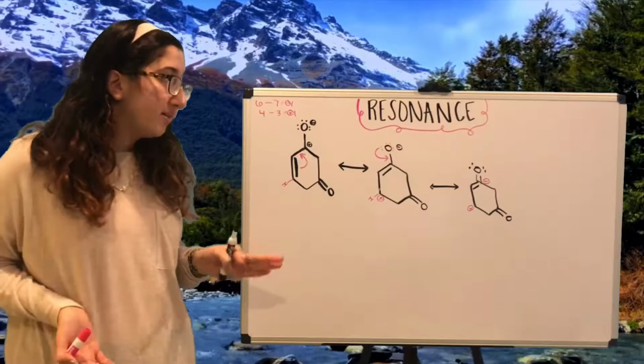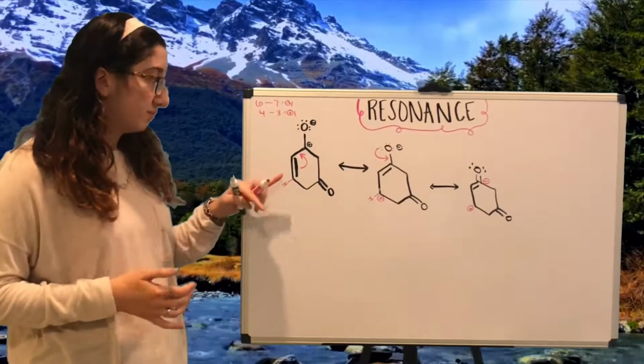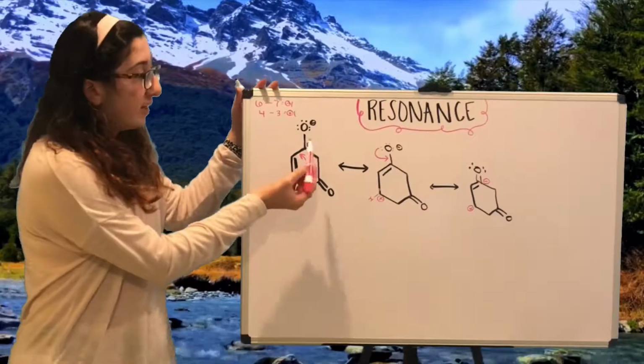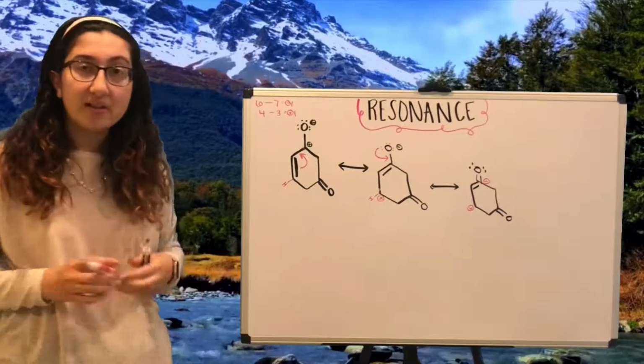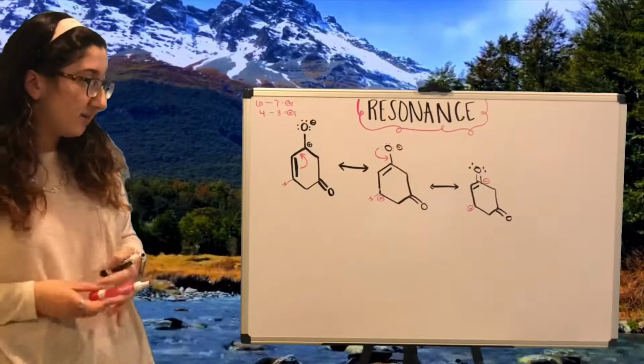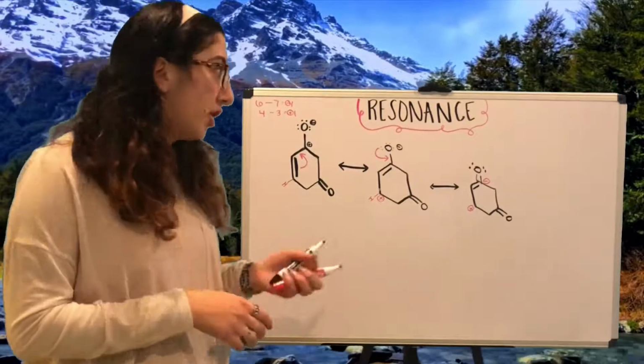Positively charged carbons are fine because typically, if we have a positive and a negative charge, this oxygen can handle the electron density, so it's fine to have that negative charge. But the carbon cannot handle that, so we don't want it to have that negative charge.